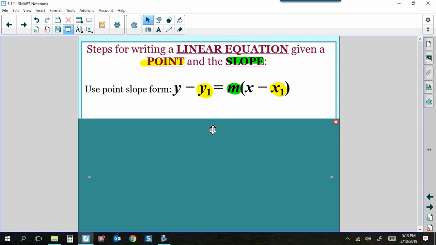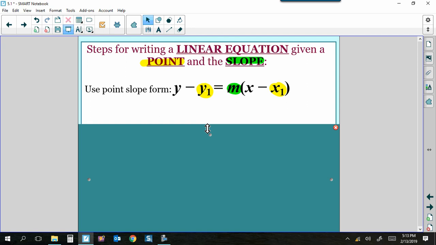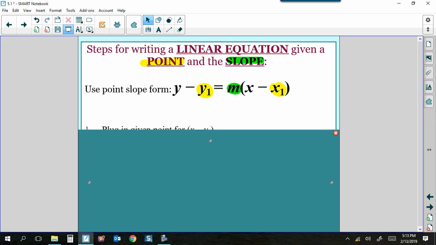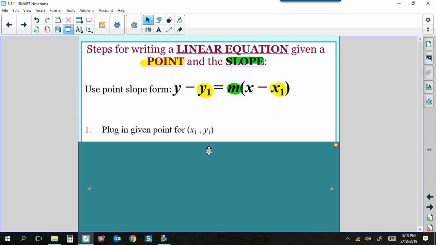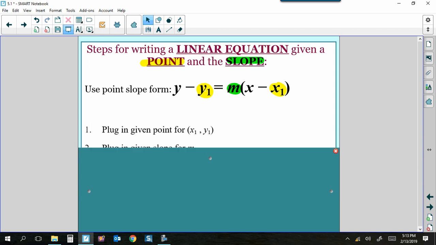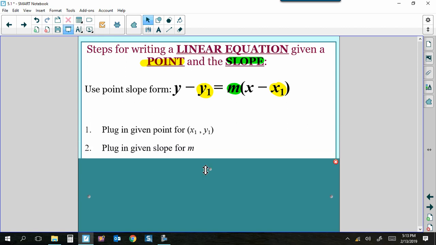Okay, so if we go through the steps, the first thing you're going to do, as Mrs. Ness was saying, is you need to know a point and you need to know a slope. So the first thing you're going to do is take the given point you're using and plug it in for your x1 and y1. The next thing you're going to do is take whatever the slope is that you have and substitute that in for m.